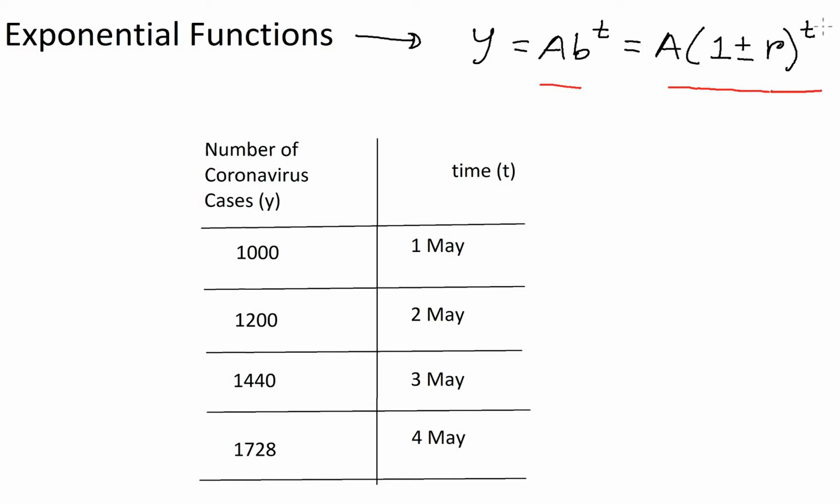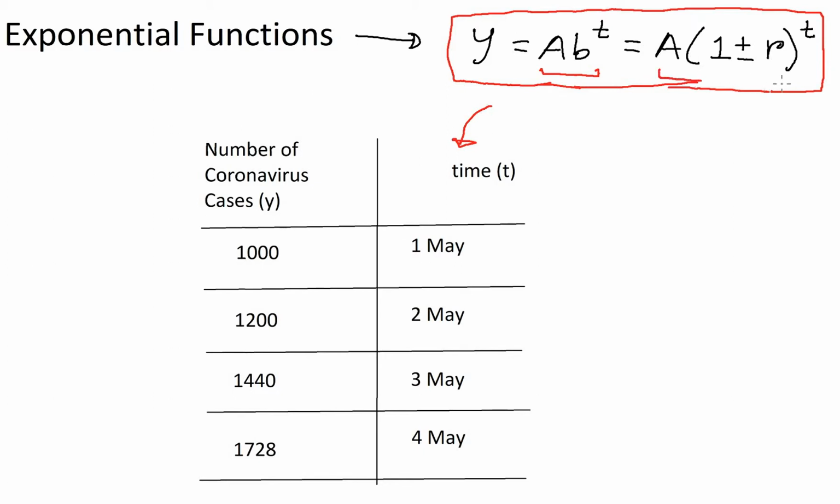You can use either one depending on the situation. For example, if you have a table like this, this format is easier and more convenient. But if the percentage changes are given, then the second format is easier to use.